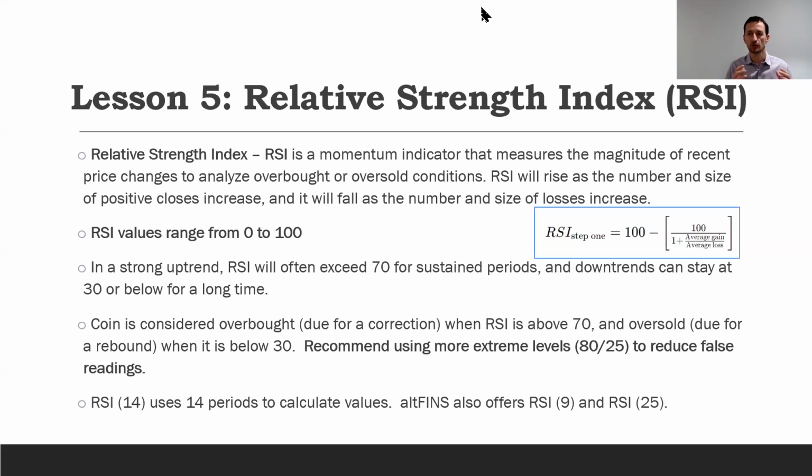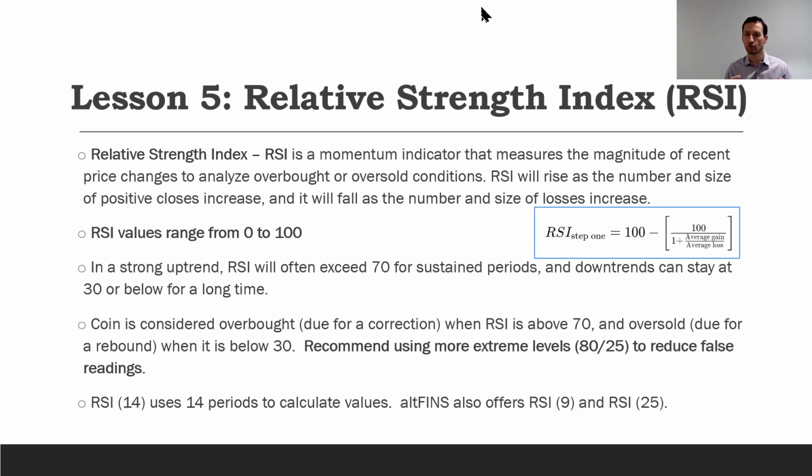So the RSI not only captures the fact that the price closed up on the day, but also by how much, the percentage increase on that day. And vice versa, as price falls and the number and sizes of losses increase, the RSI will decline as well. That's what drives the RSI calculation: the average gains versus the average losses in the last 14-day period.